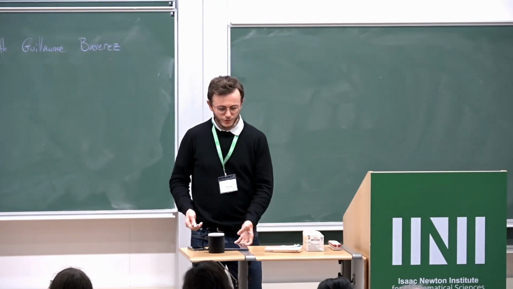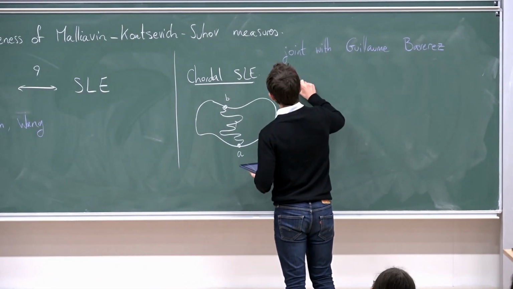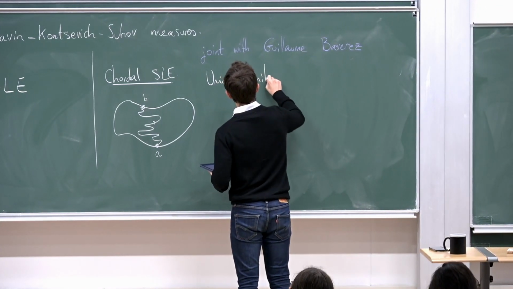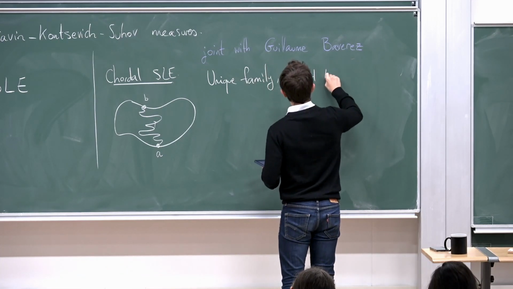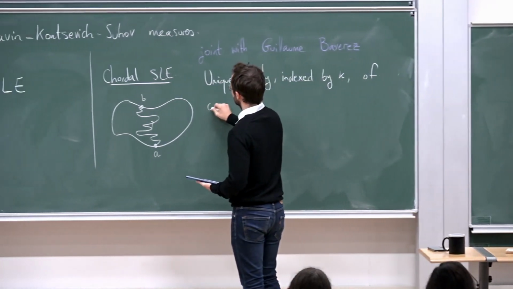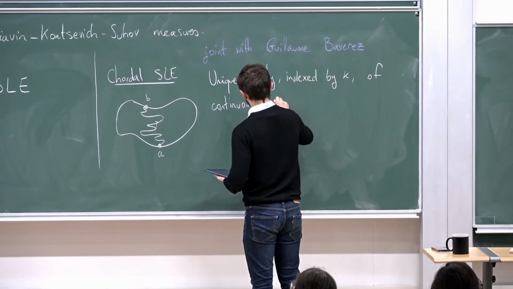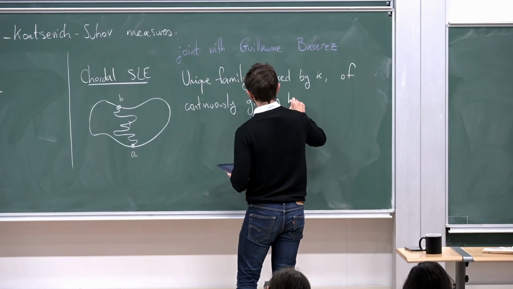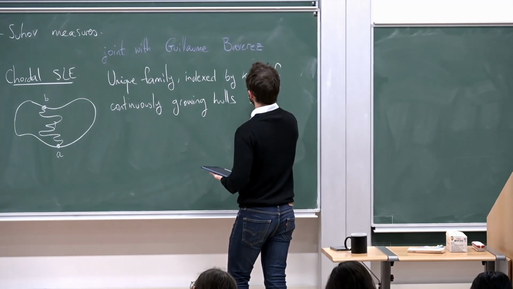The definition of SLE is that it is the unique family, indexed by kappa, of continuously growing curves which satisfy two properties.